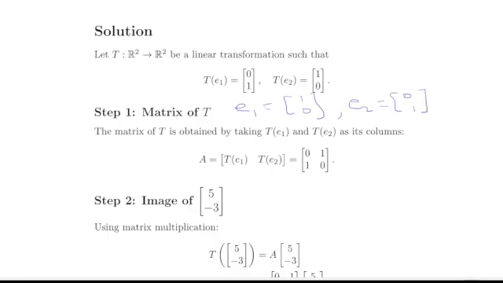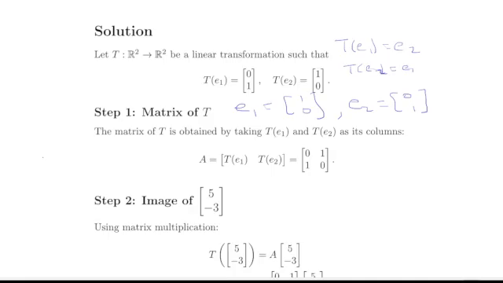So when I apply 1, 0 to the transformation, I end up getting 0, 1. When I apply the transformation on 0, 1, I get 1, 0. So really, the way you can think about this is T of e1 is equal to e2, and T of e2 is equal to e1. So this is what the transformation is doing.